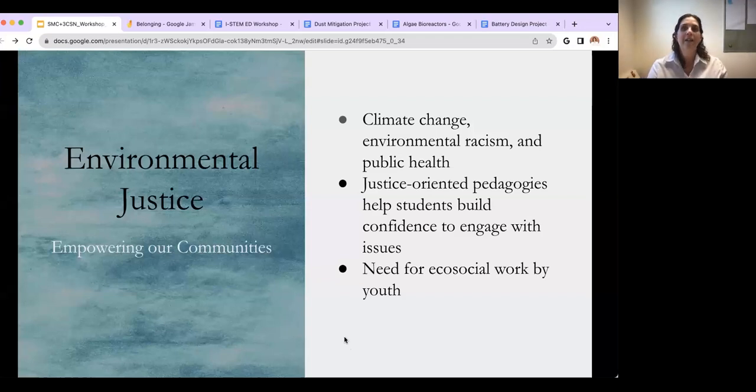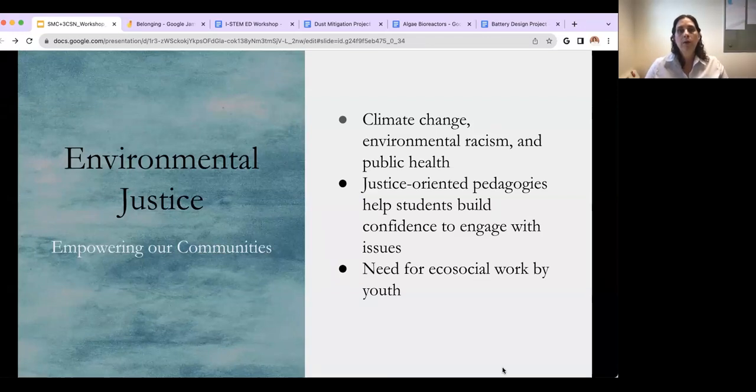All right. So how this relates to environmental justice. Climate change and environmental racism and public health disproportionately affect our students who are also historically marginalized in the STEM disciplines. And we've seen in the literature that when we have justice-oriented pedagogies, it helps students build up confidence to engage in those issues.